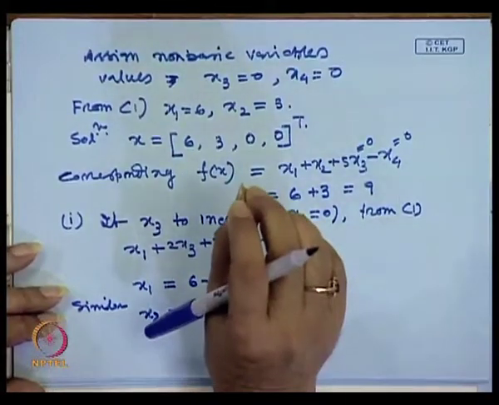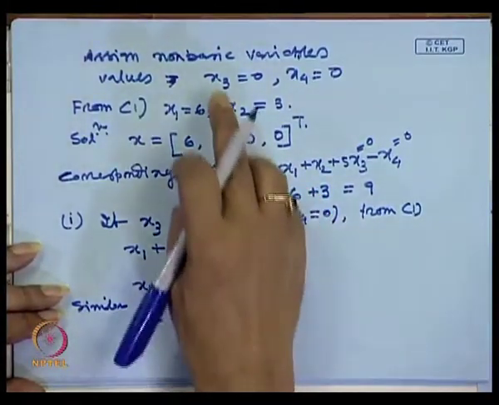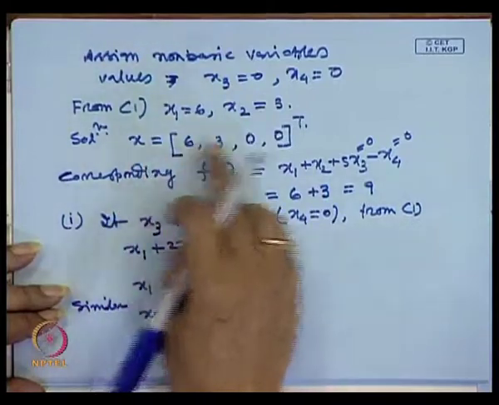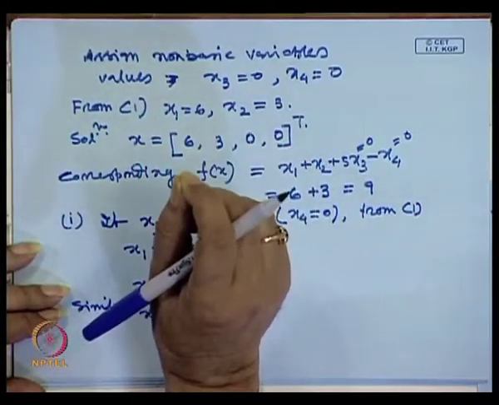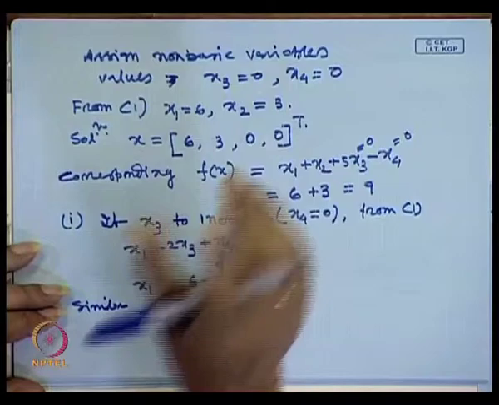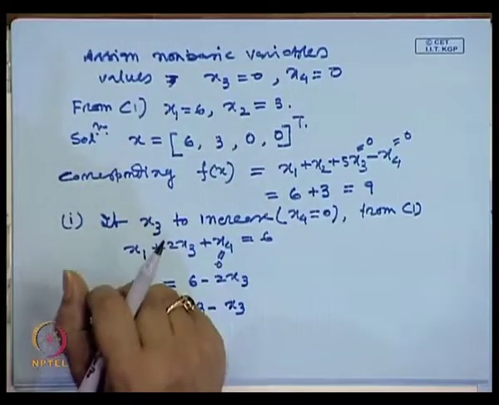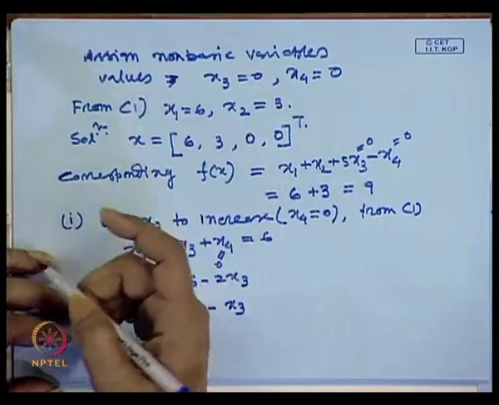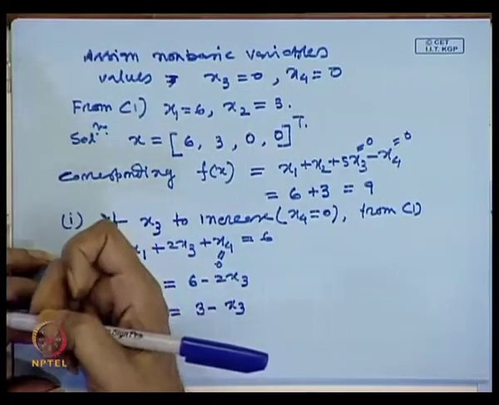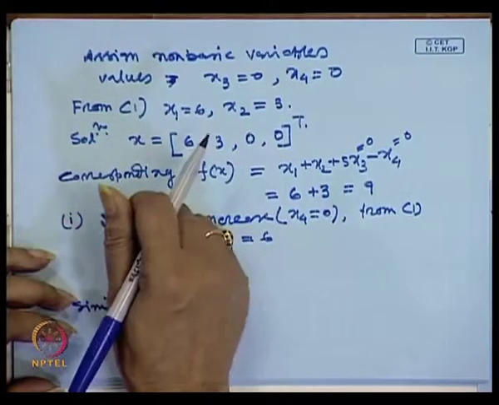So what I did is, whatever the coordinates were, x1, x2, x3, x4, now I perturb x3 to some positive value and see whether the function value is going to decrease or not. If it decreases, we will accept that one. Agree? But simultaneously we have to see which basic variables we have to change to non-basic variables.